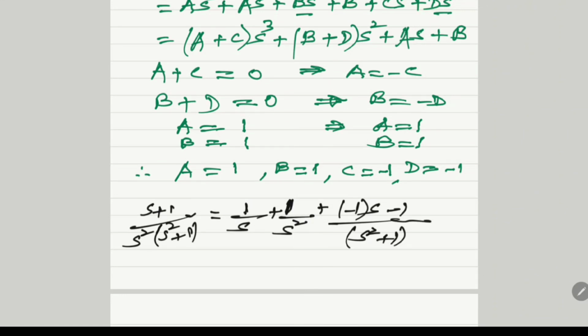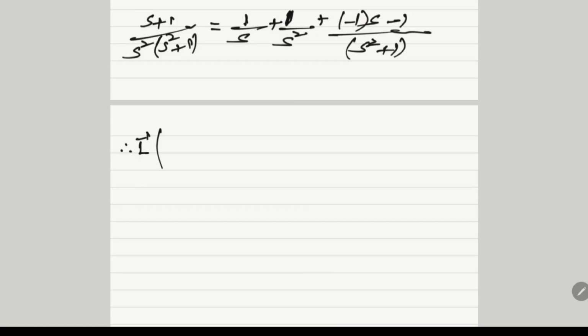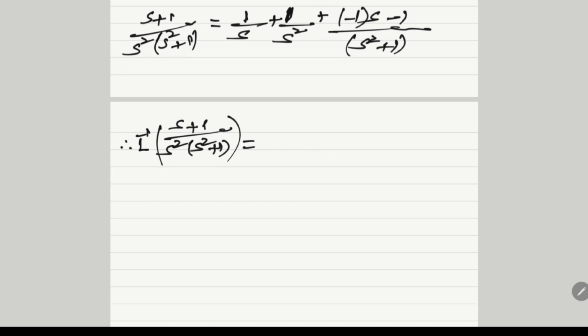Then taking inverse on both sides, inverse Laplace of (s plus 1) divided by s square multiplied by (s square plus 1) is equal to the individual inverses.